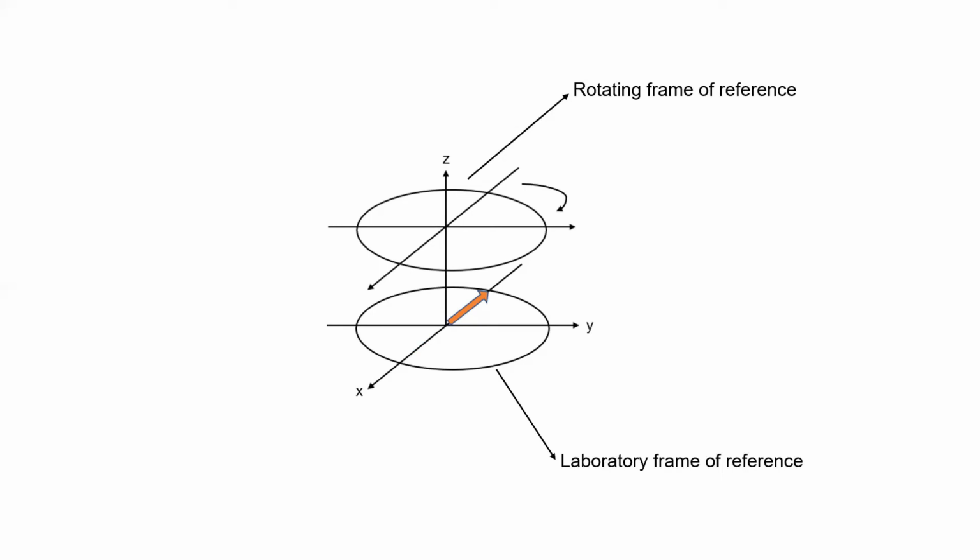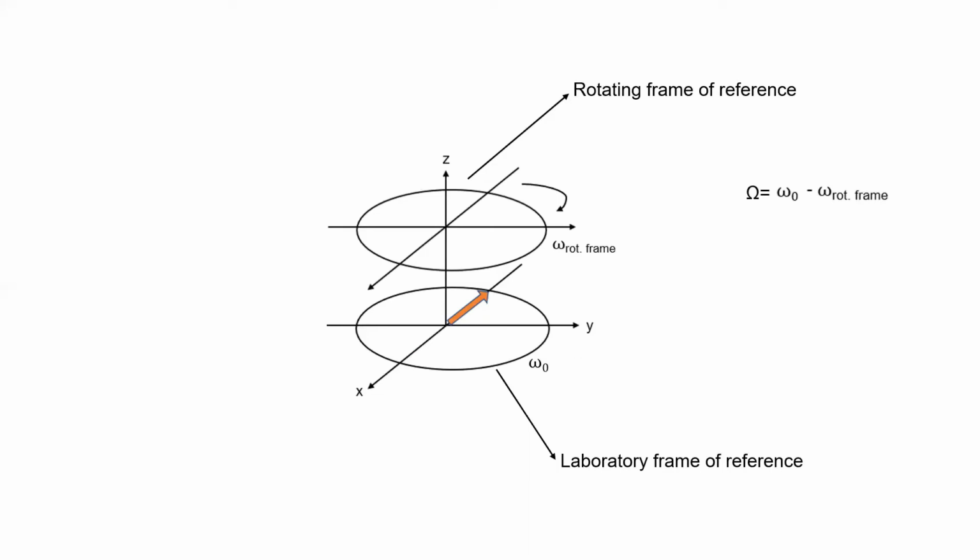So these counter fields will rotate with a frequency omega naught, that is omega RF, which is equal to omega naught. And the rotating frame of reference will rotate with omega rotating frame. The difference between these two we call the offset, or capital omega: omega naught minus omega rotating frame.